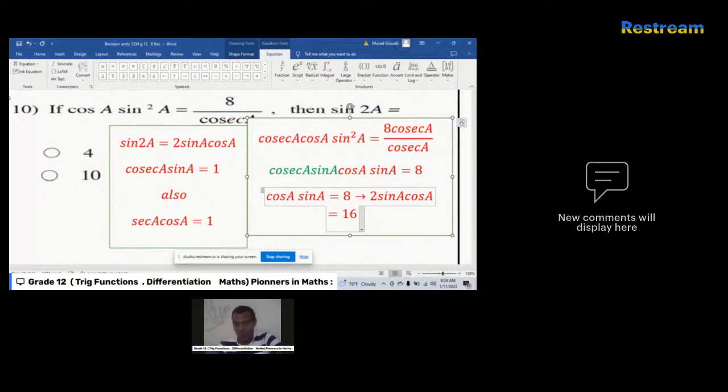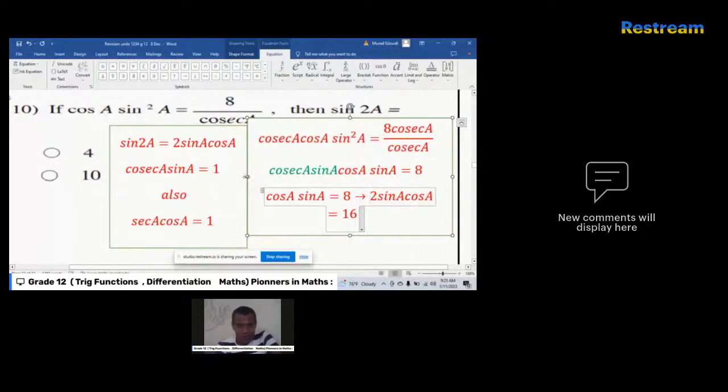Okay, thank you. Learners here, we just use the last one. We multiply this by 2, and you will get 2 sine A cosine A, or 2 cosine A sine A, the same. 2 multiplied by 8 will be 16.